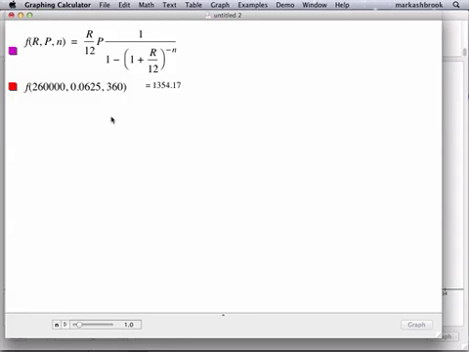Did you get a 1354 payment? We should make this bigger. The answers are in there for this table. Practice using that function. Make sure you get the same value.